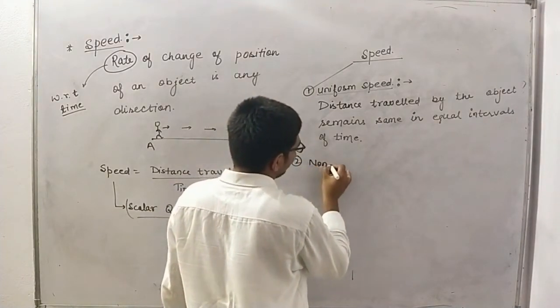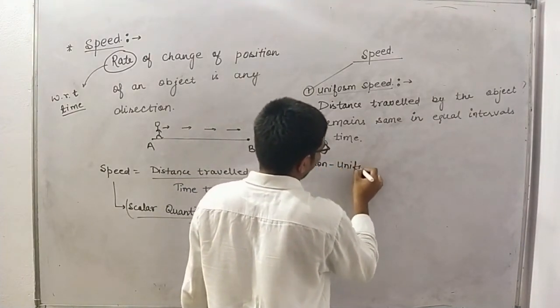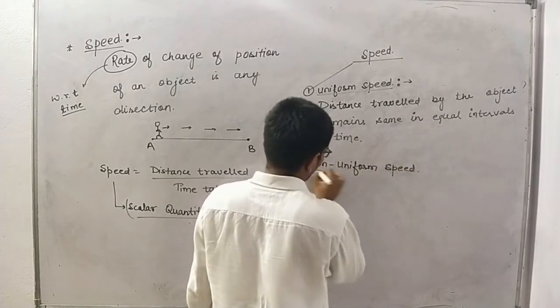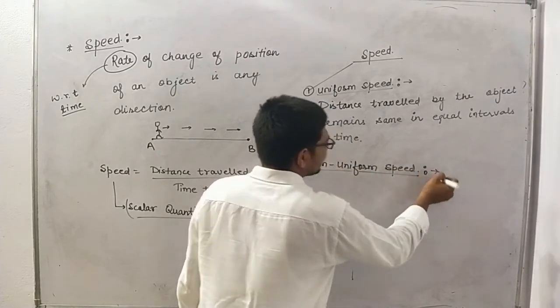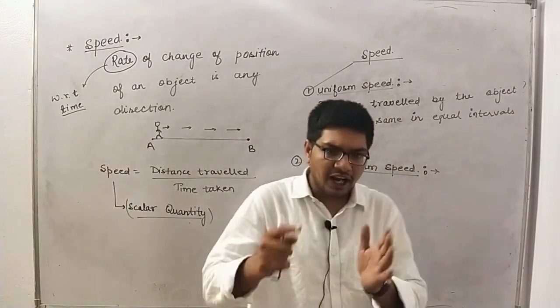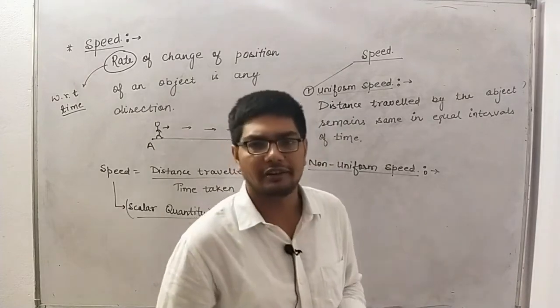The second one is non-uniform speed. The speed which is non-uniform means the object travels unequal distances in equal intervals of time.